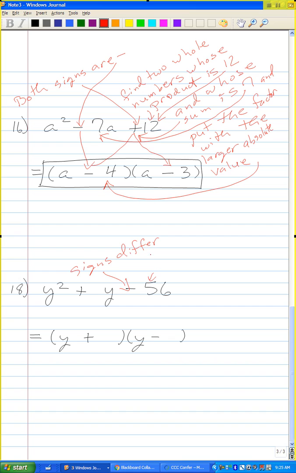This says I want to find two whole numbers whose, in this case, difference is 56. Oh, whose product is 56.